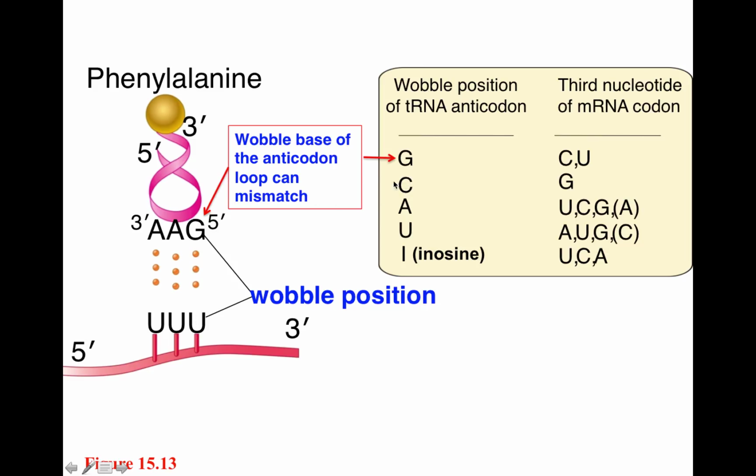If this C is in the Wobble position here in the anticodon of the tRNA, it always only pairs with a G. If, however, this nucleotide is an A, it can base pair with everything, even sometimes with itself. And if it's a U, it can also pair with everything. And if it's an inosine, which is a modified base, it can pair with these.